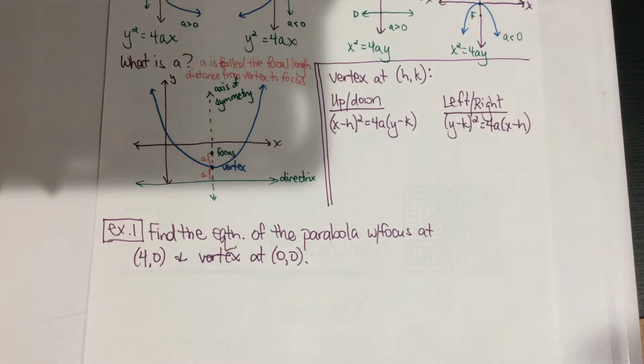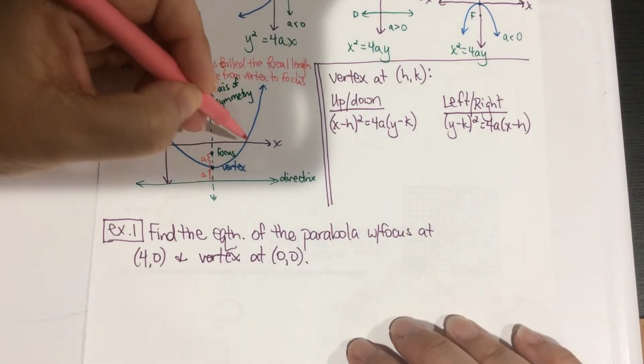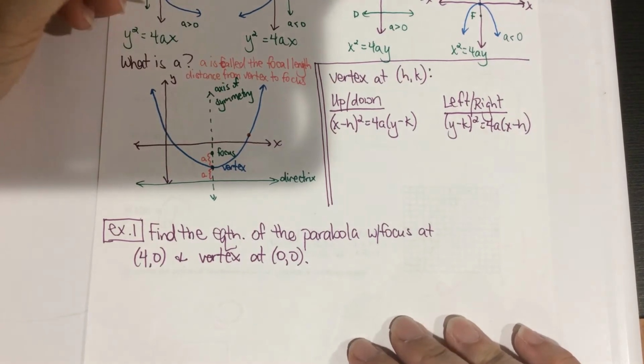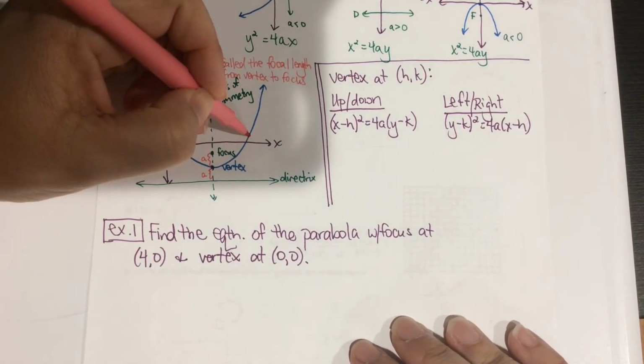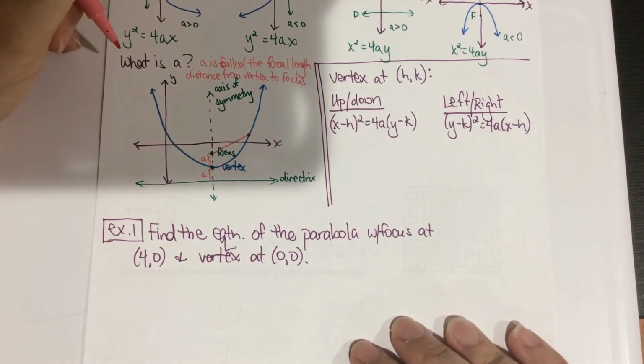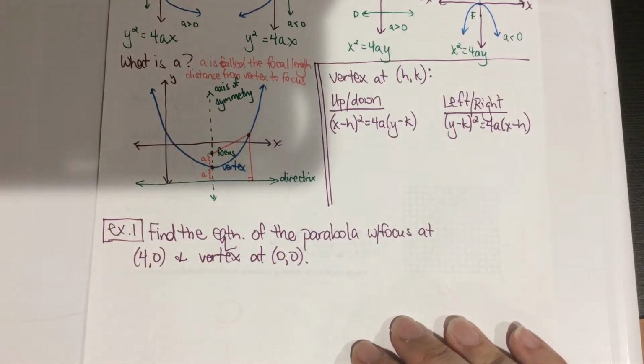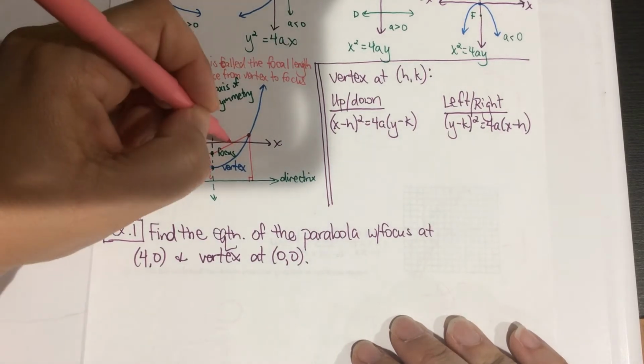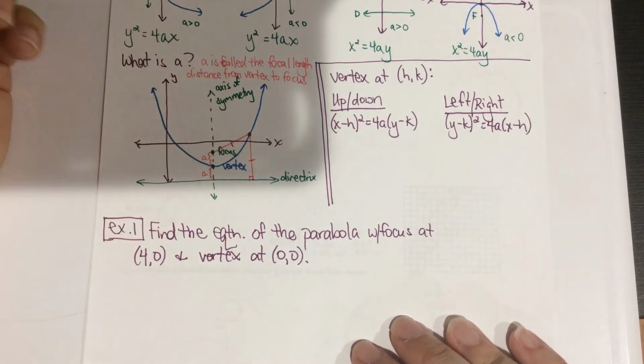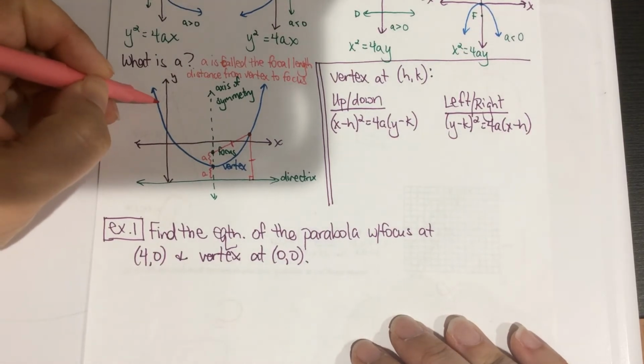This is not huge and important. This is not something that's going to come up on a quiz or a test, but I do want you to understand it. So I'm just going to pick a random point on the curve, and I'm going to illustrate the distance from that point to the focus and the distance from that point to the directrix going straight down, perpendicular. These 2 lengths are the same no matter where I put that point. I could put that point way over here.